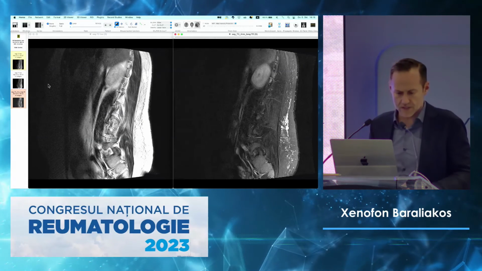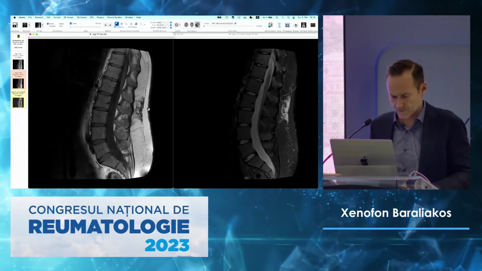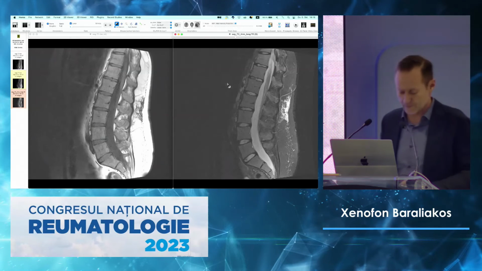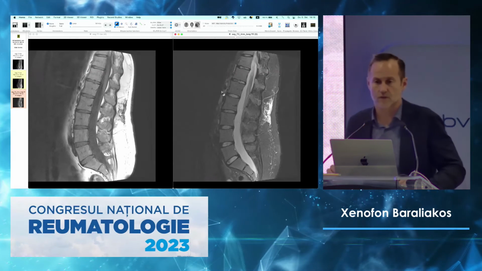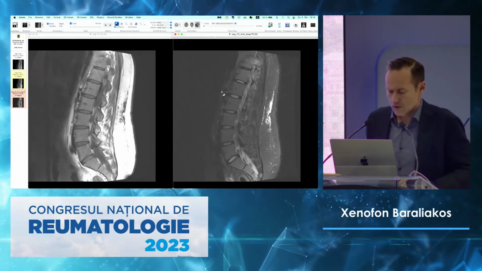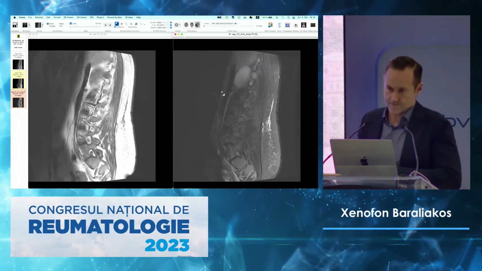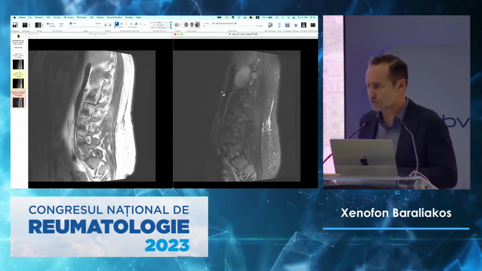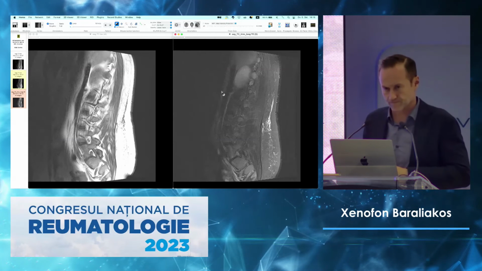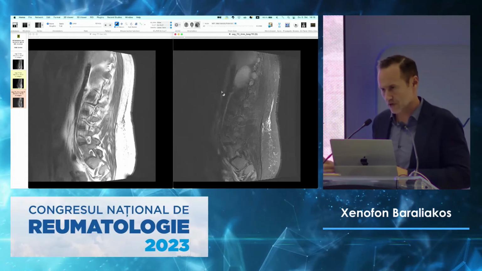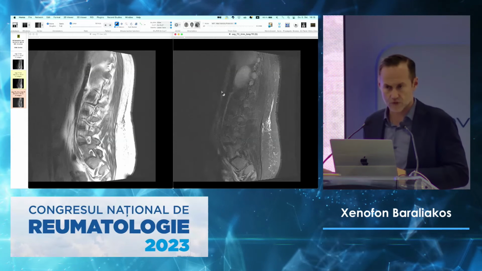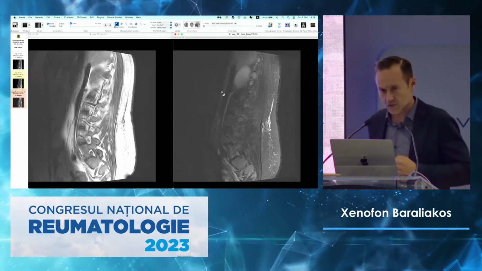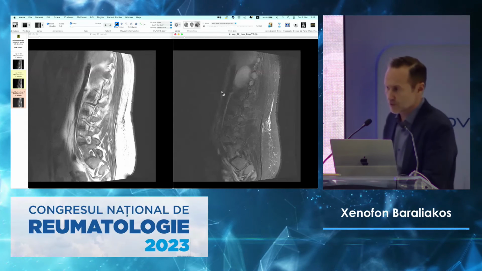What I'm showing you now are the pictures of a female patient who has ankylosing spondylitis and came to us because of low back pain in the morning, but also in the afternoon. So it's not only typically when you wake up, but also something that you really feel when you put some pressure on your spine.